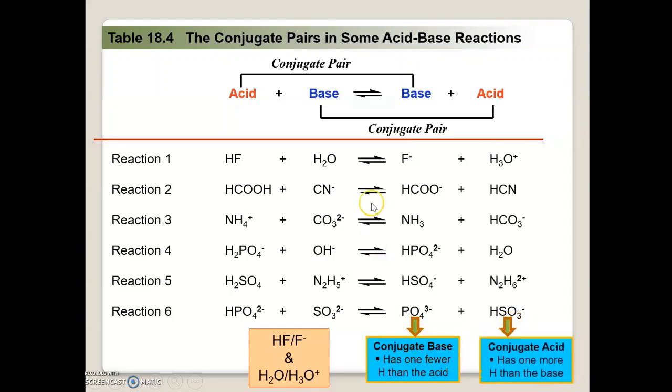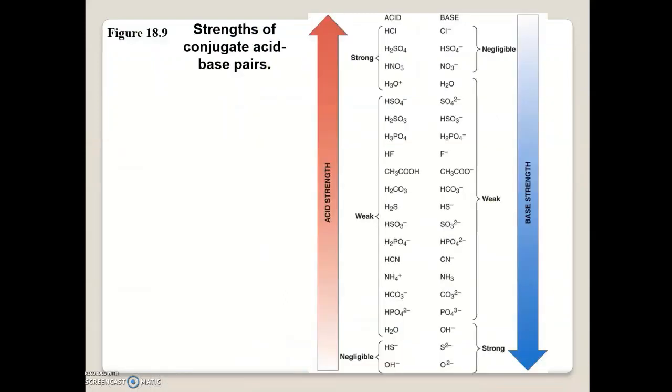So if you look at the formula, every conjugate base has one less H than the acid, while the conjugate acid has one more H than the base. If you look at this figure 18.9, these are the list, the ranking of the strength between acid, base, and their conjugate pair.